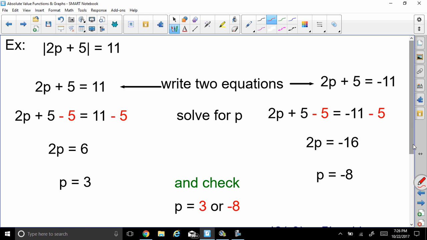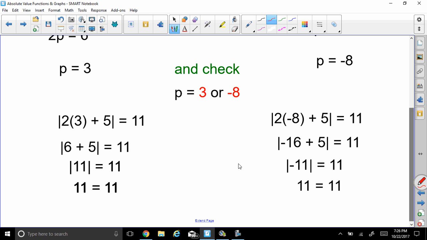Well, let's check that to be sure if it's correct. So the first equation, we're going to go back to our absolute value symbol and replace p with 3. 2 times 3 plus 5 equals 11. So 2 times 3 is 6, plus 5 is 11, and the absolute value of 11 is 11, so it does check out. Let's try the other side, where we have the absolute value of 2 times negative 8 plus 5.